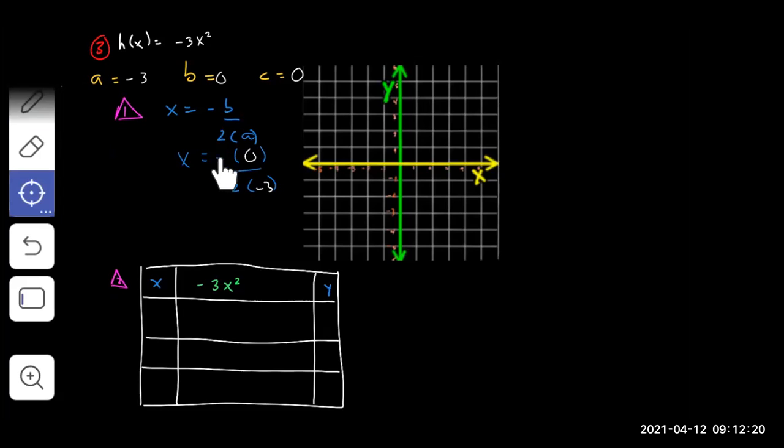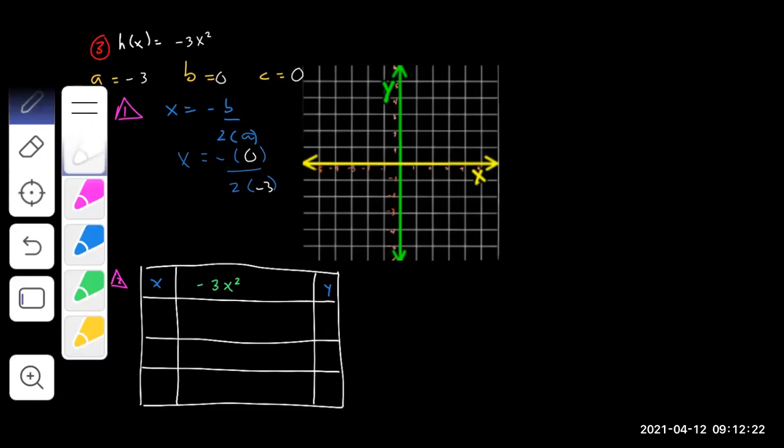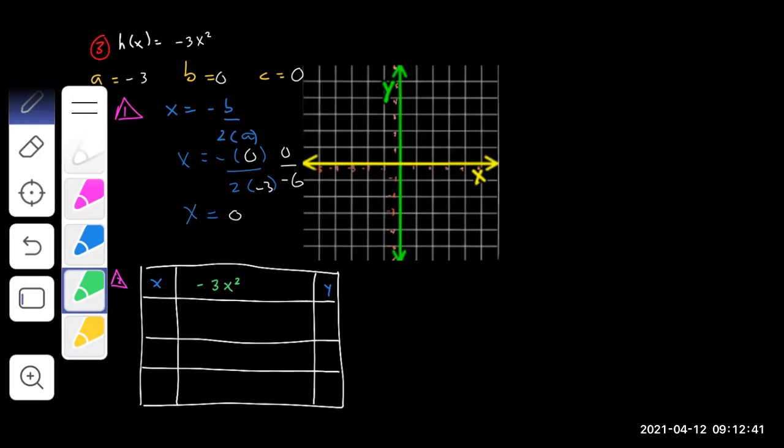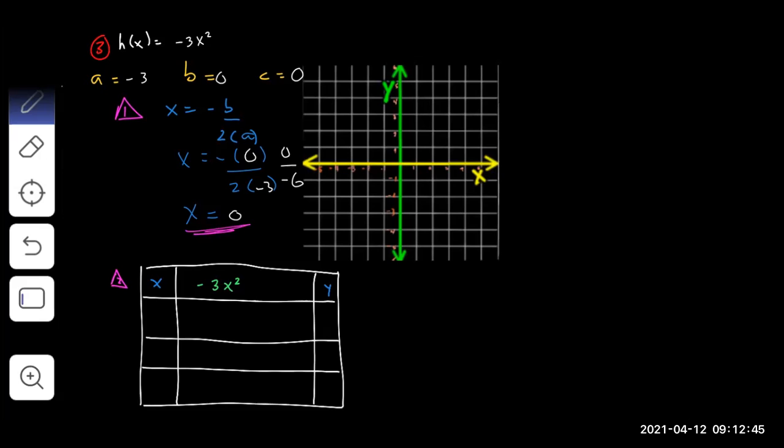Guys, you can solve this. 0 in the numerator is going to be 0. 2 times negative 3 is negative 6. But 0 divided by negative 6, what is that equal to? Nothing divided by 6 is still 0, right? Then the axis of symmetry is going to be 0. And this value is going to be the center of the table.